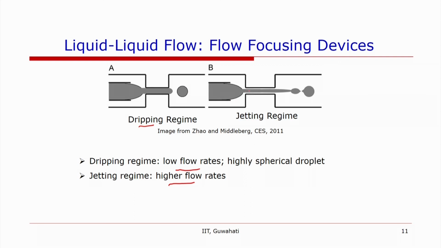When the flow rate becomes higher, there are droplets of different sizes. Inertia has become higher, and inertia might play a role when these droplets break off from the jet.